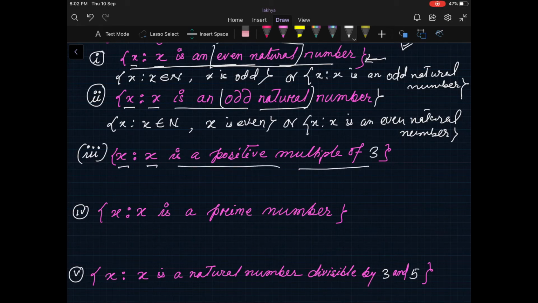Now the next one, X such that X is a positive multiple of 3.